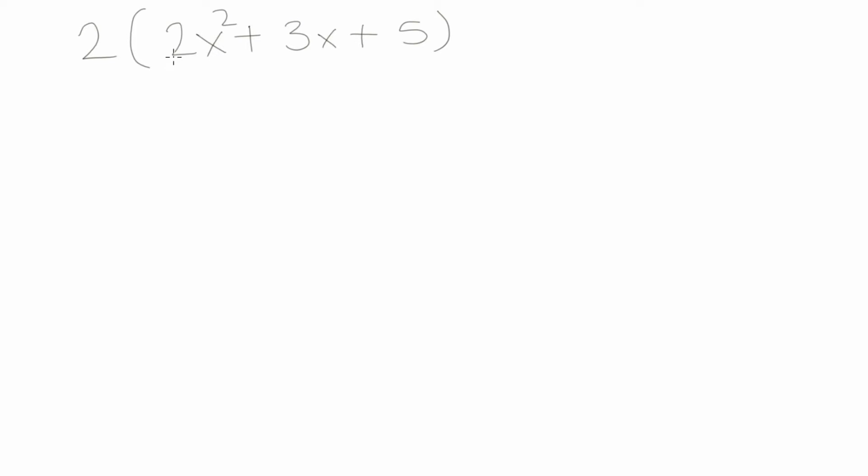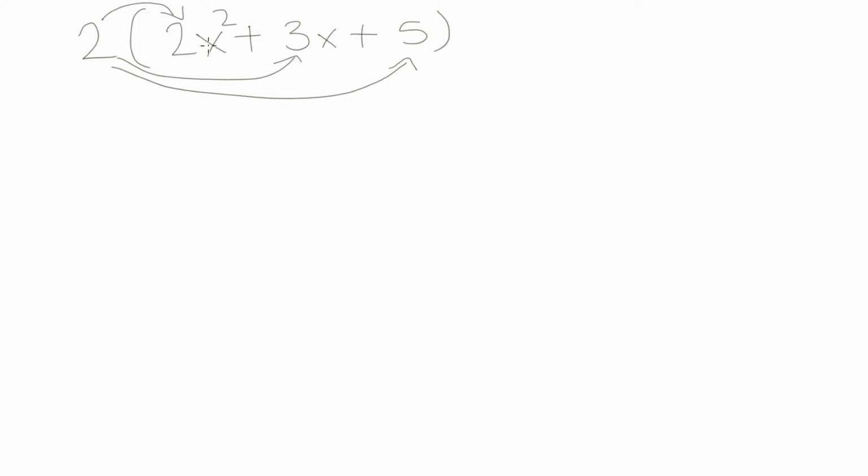This is a trinomial, it's made up of 3 terms, and we're multiplying it by a monomial, which has only 1 term. The way that we're going to do this is we're going to multiply our term outside of the brackets, one by one, by every single term inside the brackets.